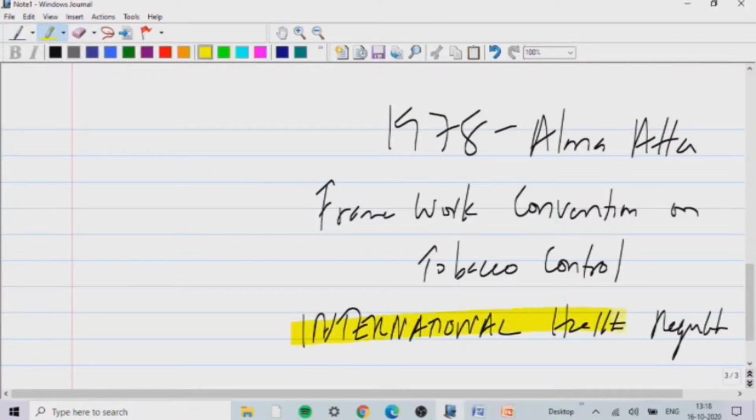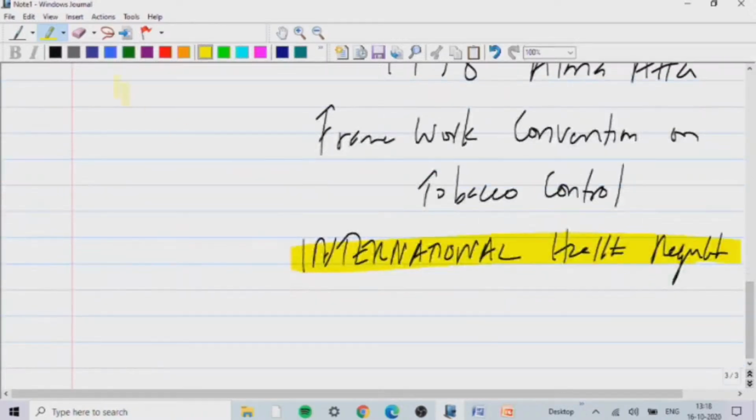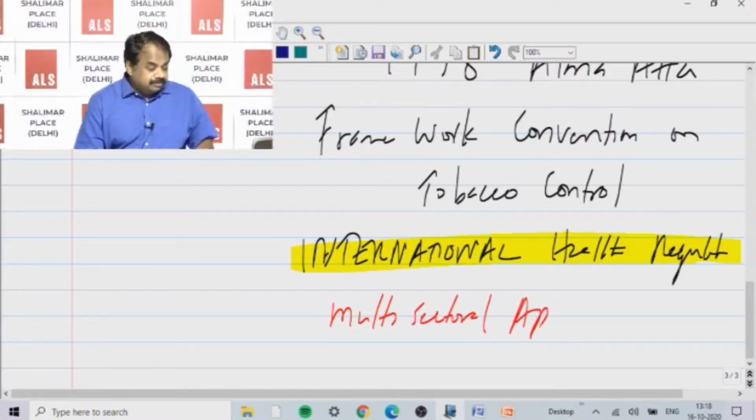That is what our WHO came up with. So, WHO also focuses on the multi-sectoral approach.